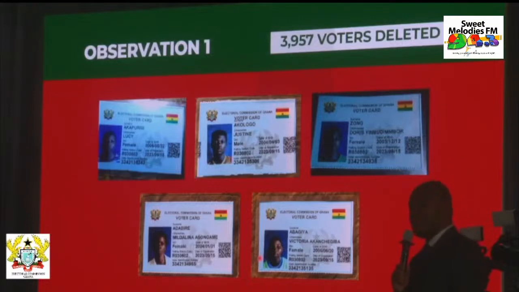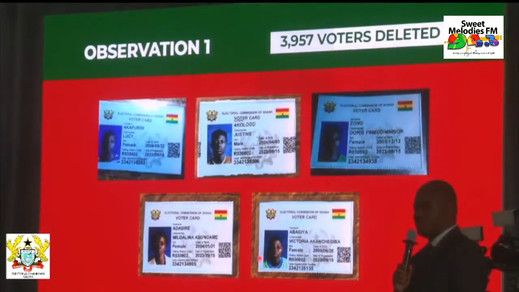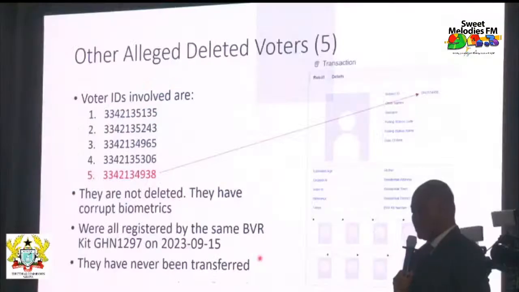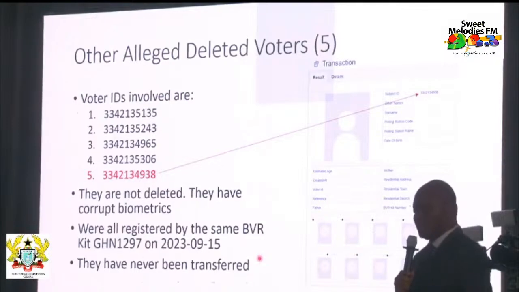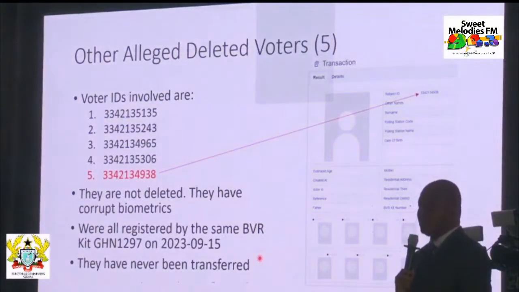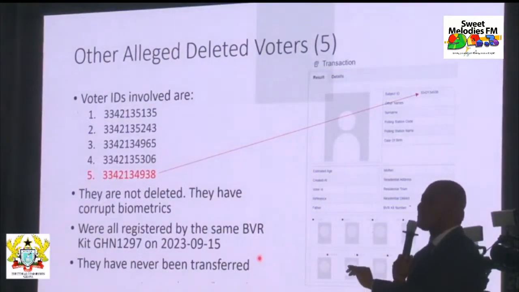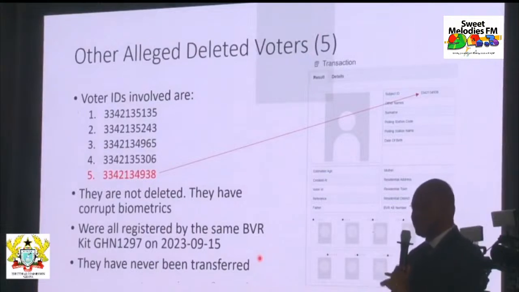On observation 1, they also gave us 5 voter IDs that they claim had been deleted from the register. Fortunately, the voter IDs were there, so we could search for them. So that's exactly what we did. We searched for them. And so these are the alleged voter IDs. These people, we don't have a record of them having been transferred. And you know why?